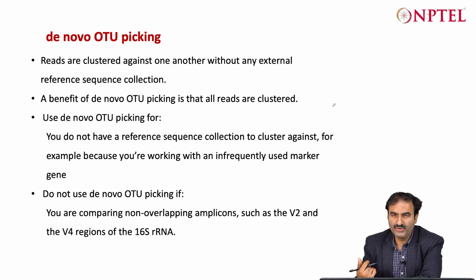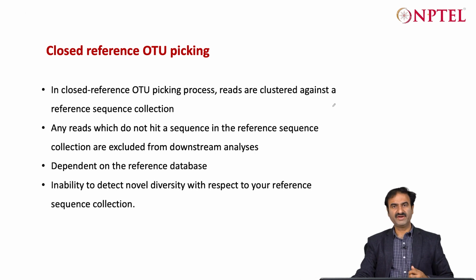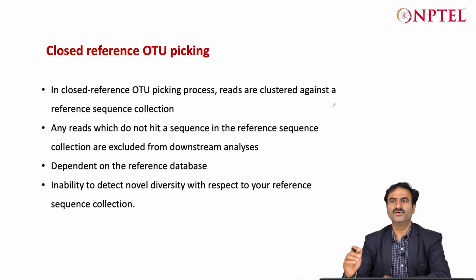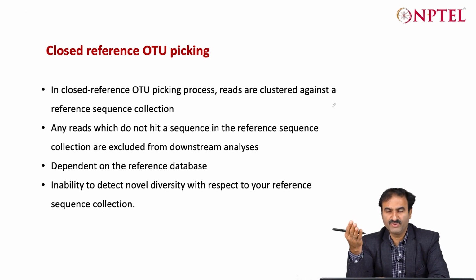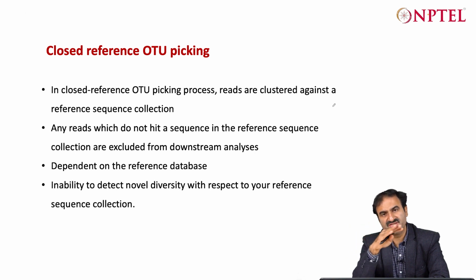So if you do not have a reference database, you will prefer de novo OTU picking, or de novo clustering. If you have a reference database such as the RDP database or Green Genes, or you can construct your own database, then you will align these sequences against a database of 16S sequences, or the particular hypervariable region you are dealing with, and see what species each belongs to.